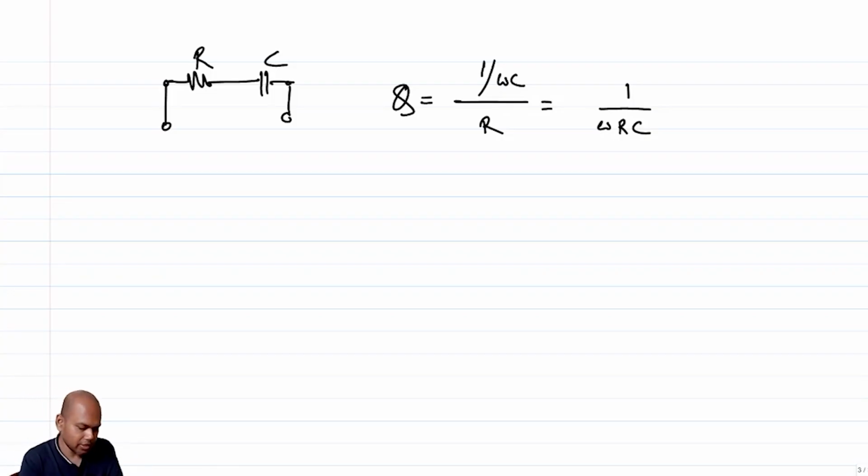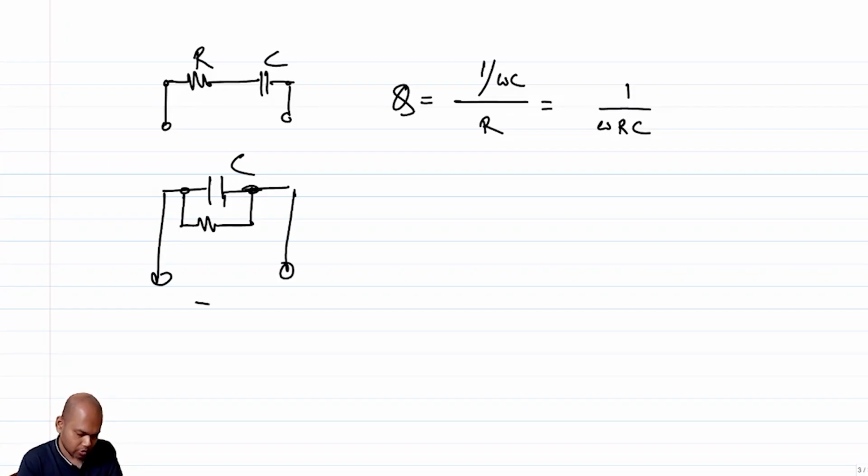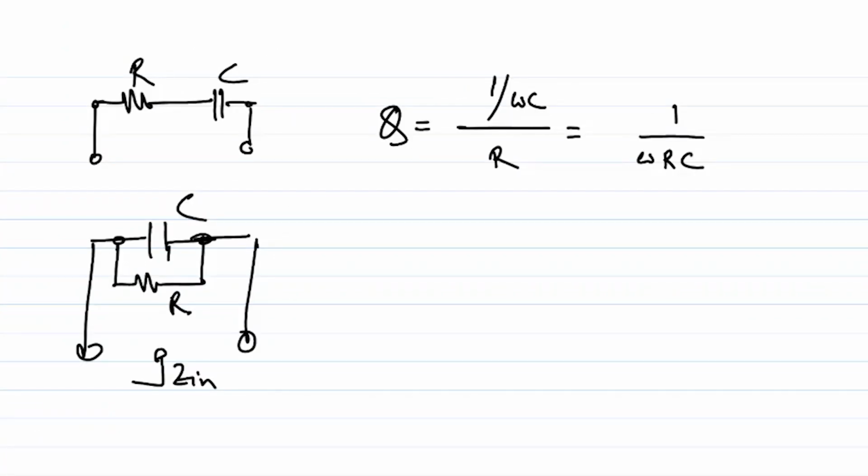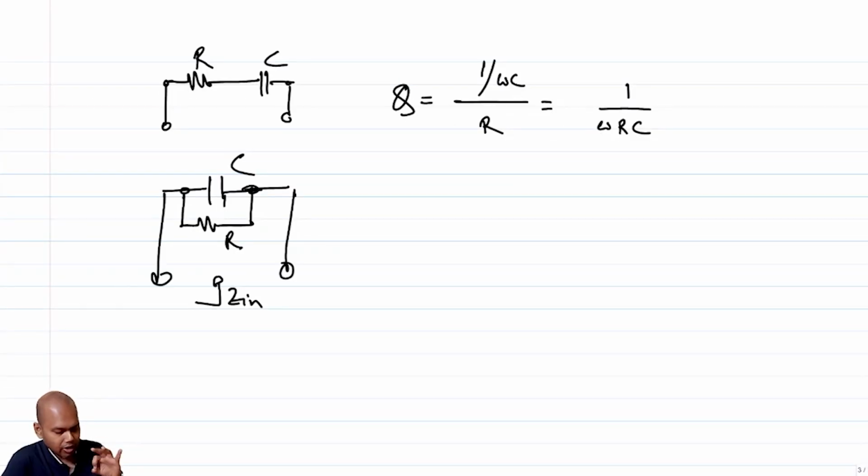So let's say instead of this, the network is C and R in parallel. So even without solving for it, do you have an intuition as to whether in the quality factor expression of this network, the R will come in the numerator or in the denominator?